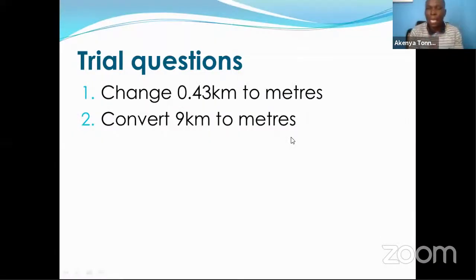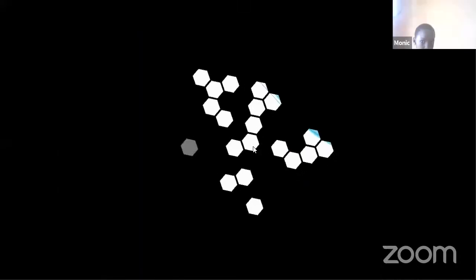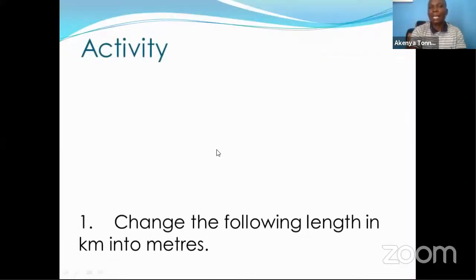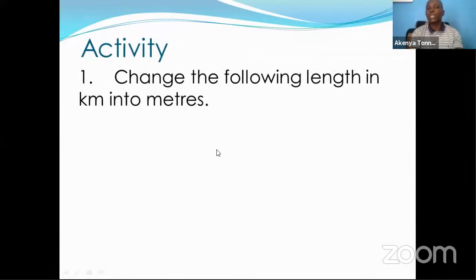I have come to the end of our lesson, because the next thing after this is the exercise. There are some activities that you are going to be doing. So basically, this is where we are going to stop.